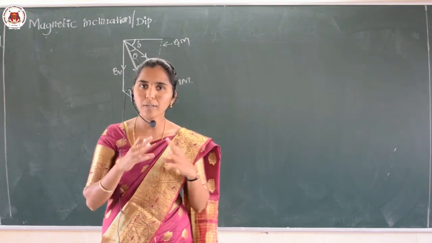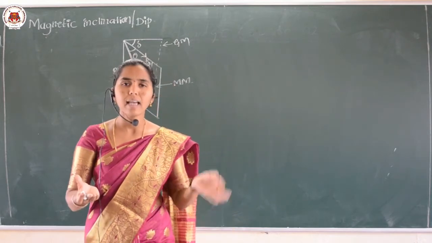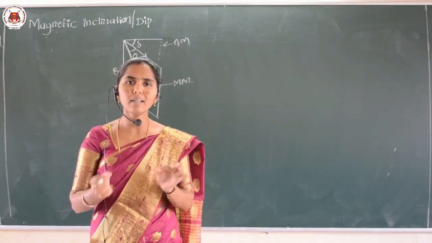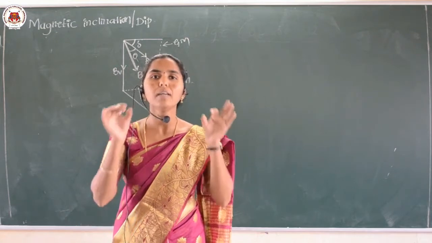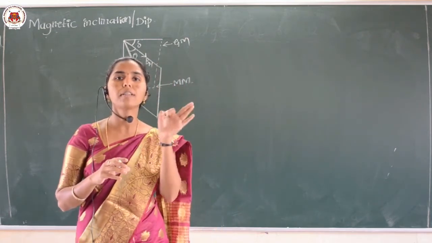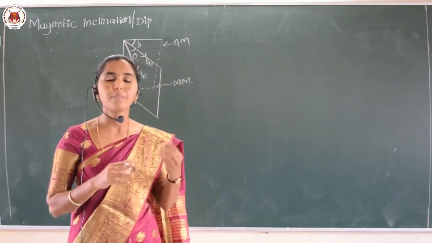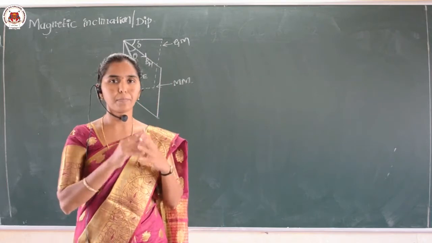I hope you understood. What is the magnetic dip? This is the angle made by the north pole of the freely suspended magnet, which dips down, with the horizontal component of the earth's magnetic field, that we call the dip.